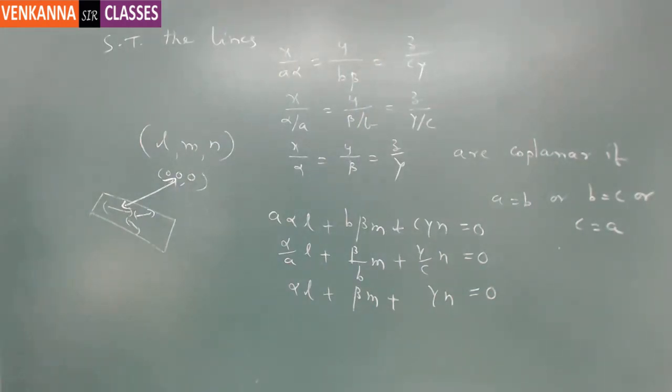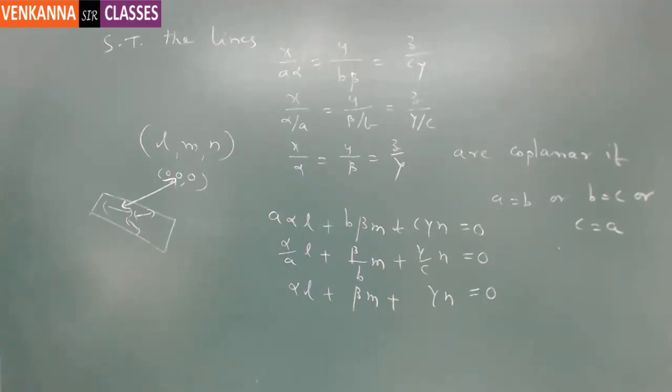So, if you solve the three equations, then you will get the required condition that either A is equal to B or B is equal to C or C is equal to A. In other words, if you calculate the determinant for the coefficients, you will get the required condition.